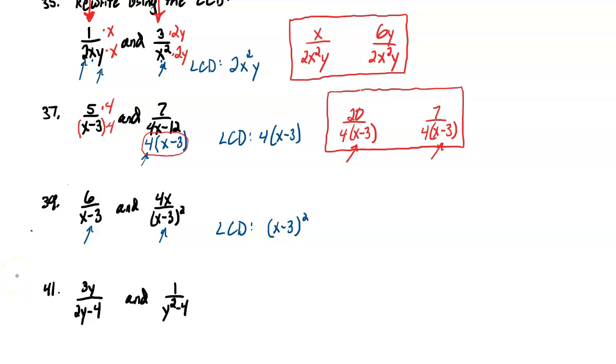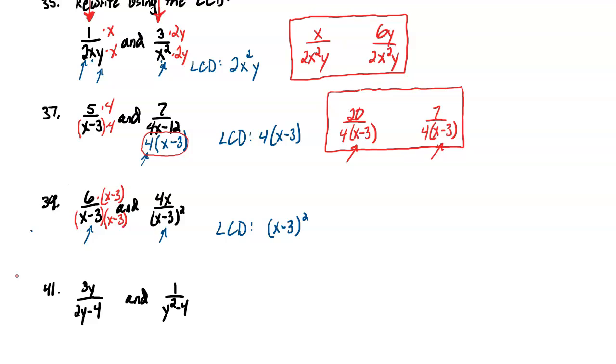Now that we know what least common denominator we want, we can change our first fraction so that it has that denominator. It already has one x minus 3 in the bottom. It just needs another one. And multiply the top by that same thing.